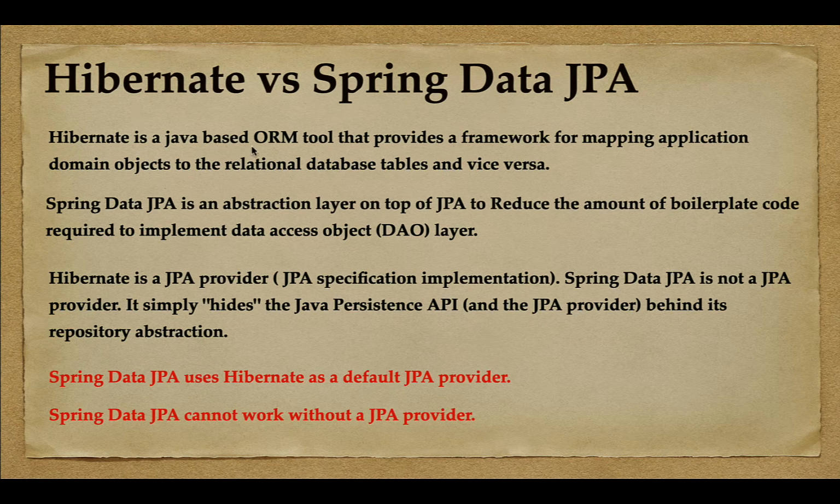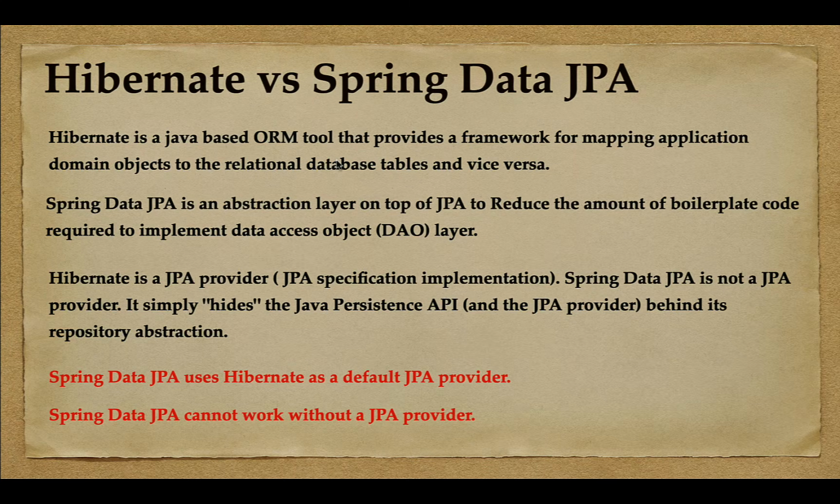Well, Hibernate is a Java-based ORM tool that provides a framework for mapping application domain model objects to the relational database tables and vice versa. Well, if we use the Hibernate ORM framework, then we don't have to create the SQL statements to perform different operations like CRUD operations, basically insert, select, delete and update, right?